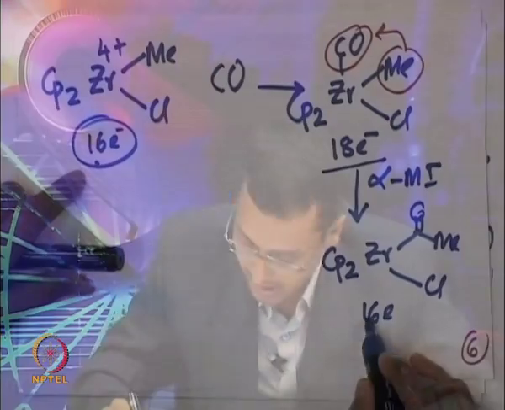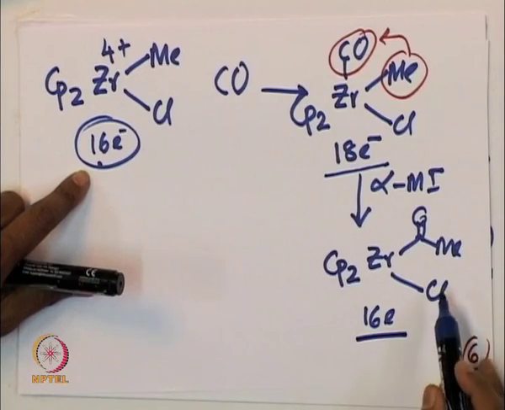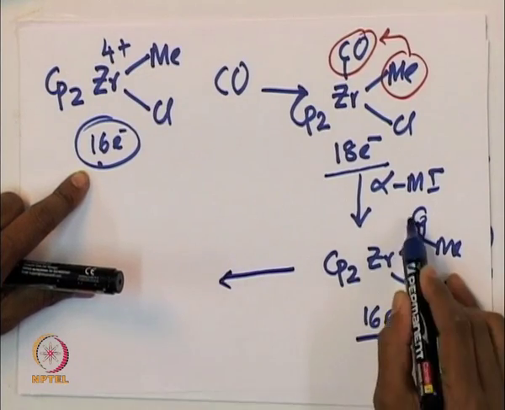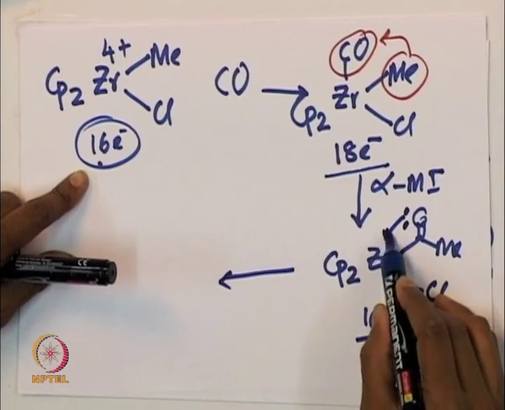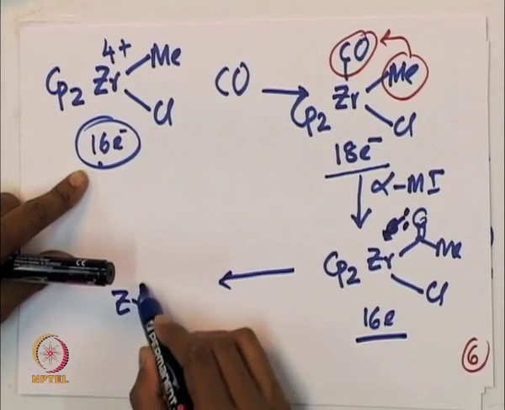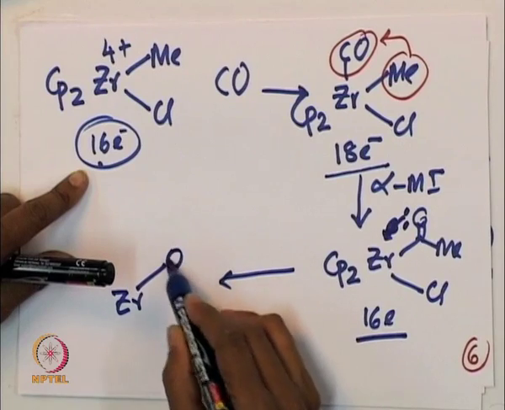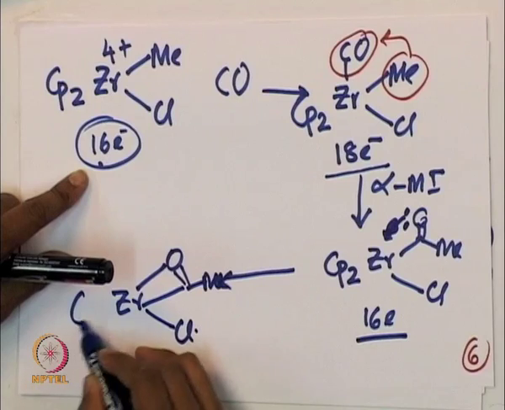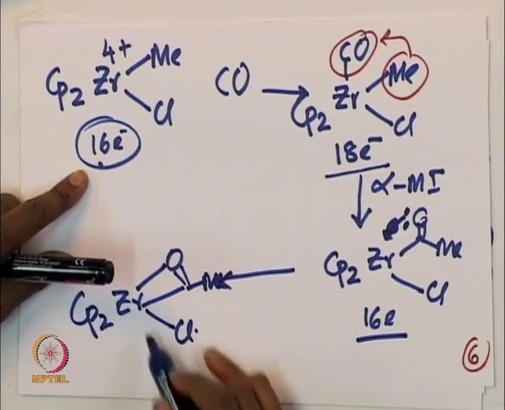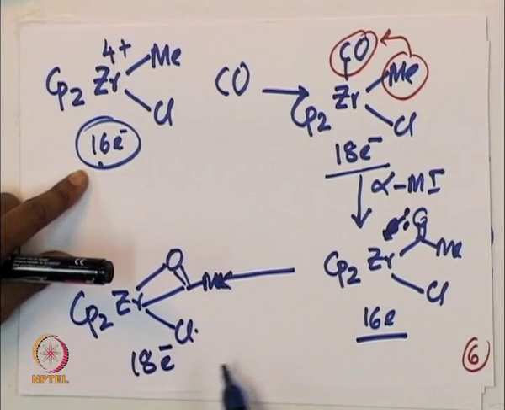Of course, this is a 16 electron species, and finally this lone pair will be donated here to give you the zirconium Cp2 species. Now, this will be an 18 electron species.